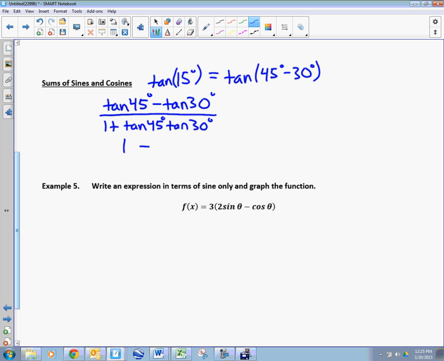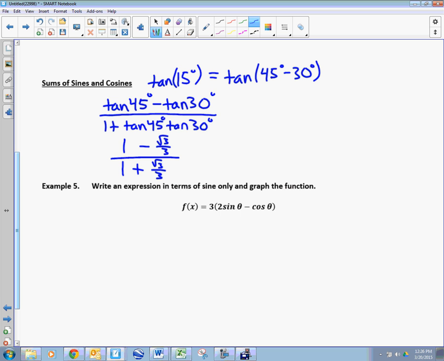Root 3 over 3. Over 1 plus tangent 45, which is 1, times the root of 3 over 3. Do 1 plus 1 to get 2. So you gotta do 1 times that first.